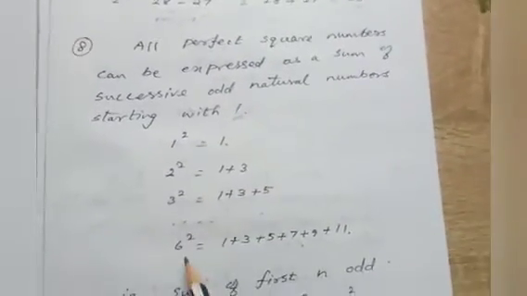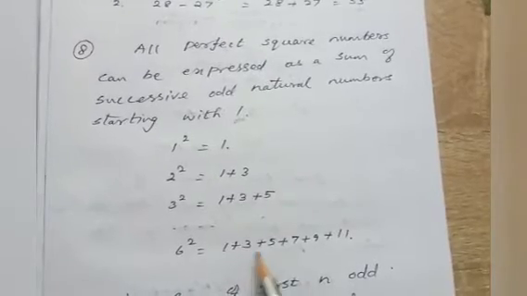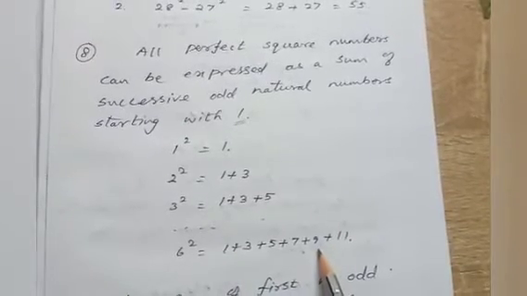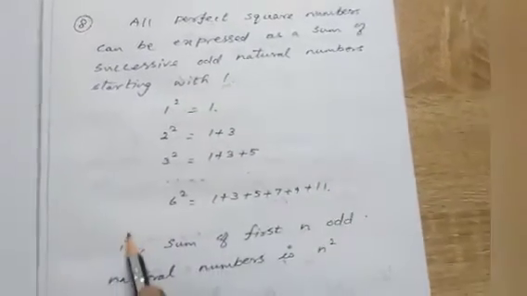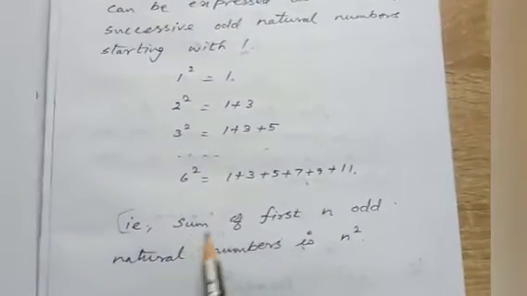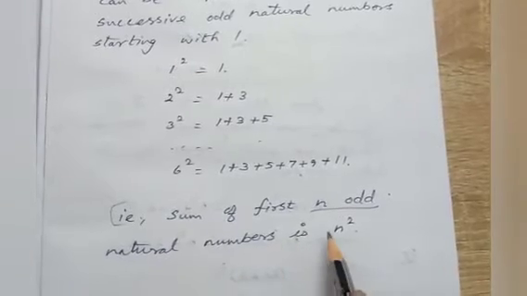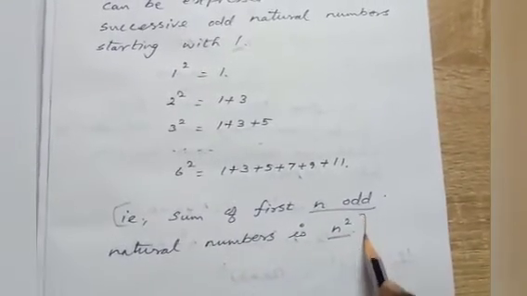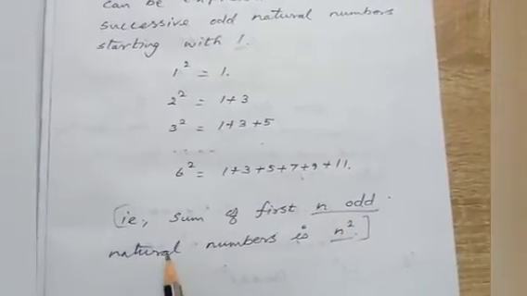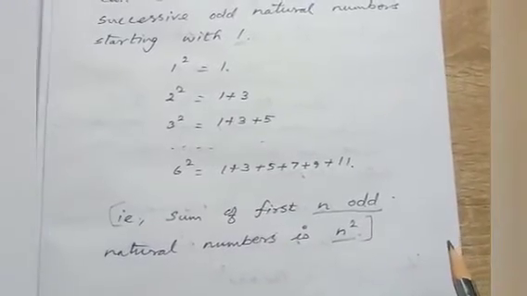Then 6 squared is 1 plus 3 plus 5 plus 7 plus 9 plus 11. So the sum of the first n odd natural numbers is n squared.